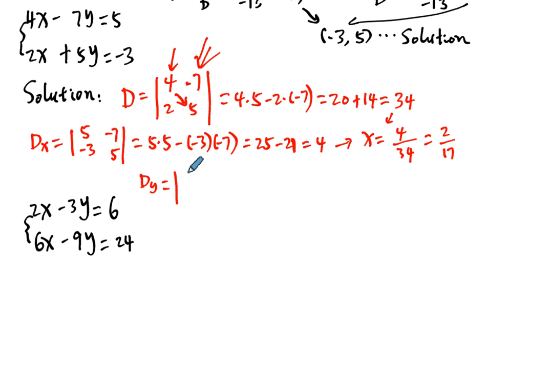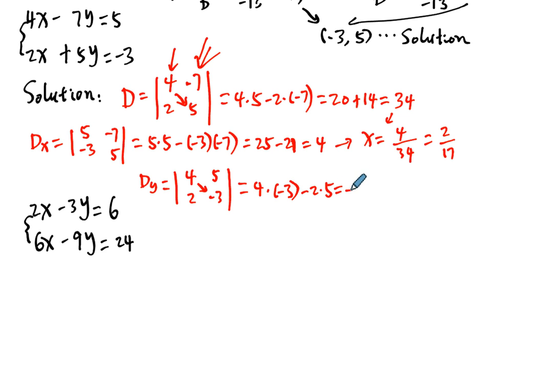So you keep the first column, 4, 2, and then the second column will be 5, negative 3. So you will do 4 times negative 3, subtract 2 times 5.